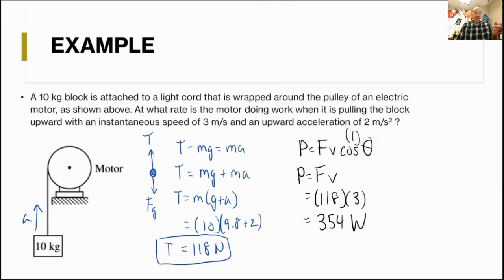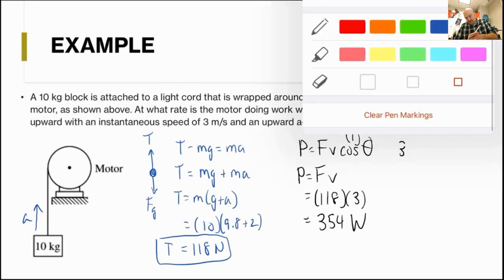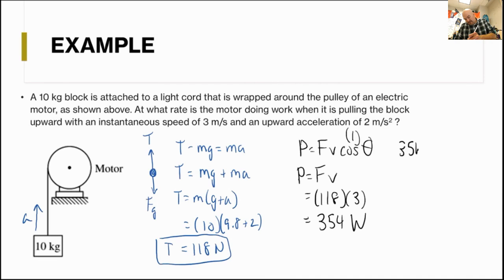Now, if you wanted to convert this to horsepower, you just simply do 354 watts, and 1 HP is 746 watts.